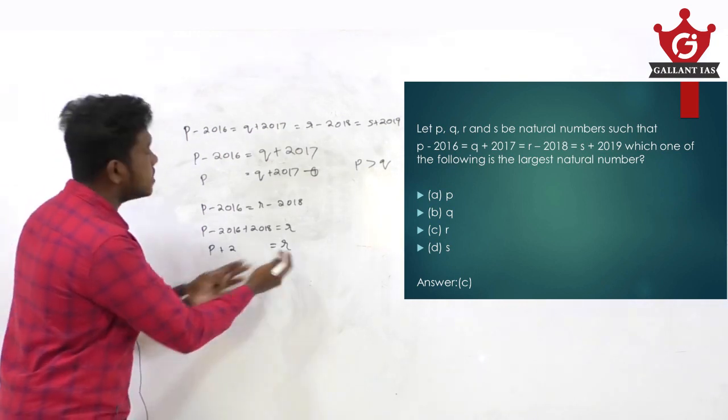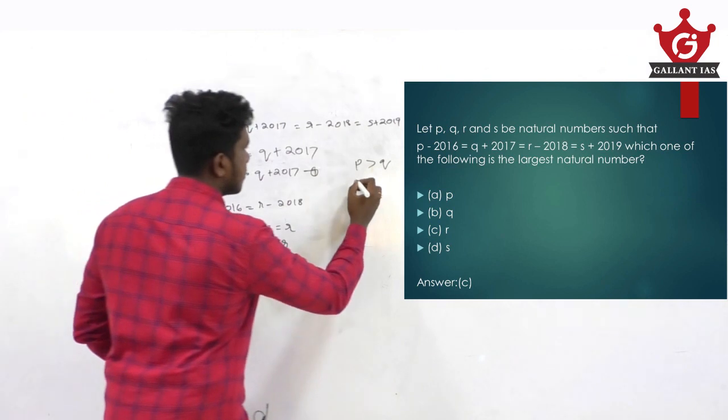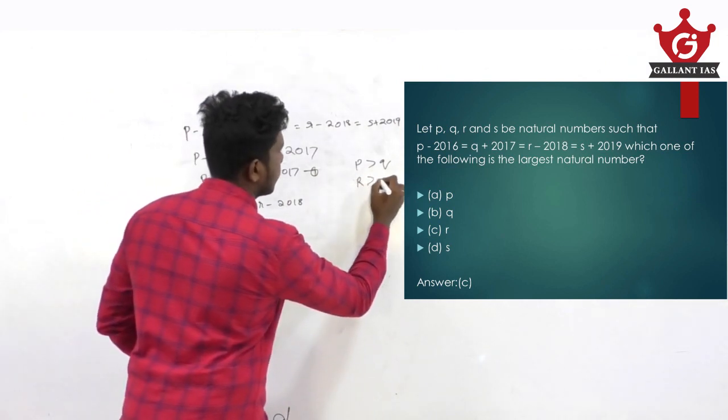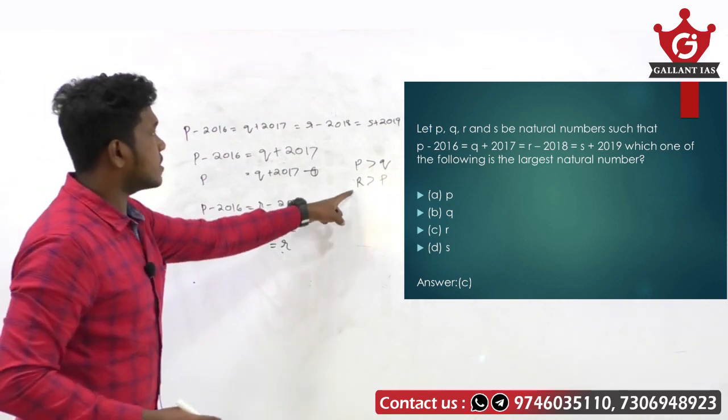P plus 2 is equal to R, so the R value is greater than P. So we got that R is greater than P.